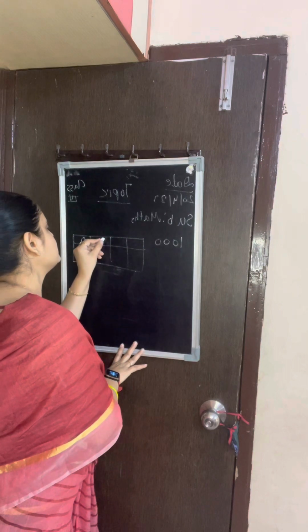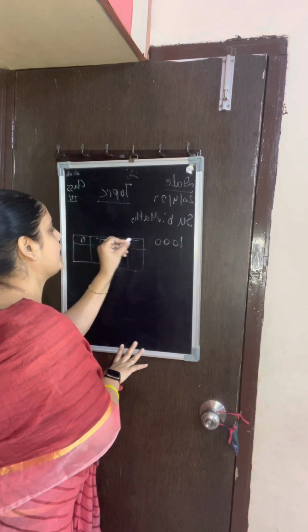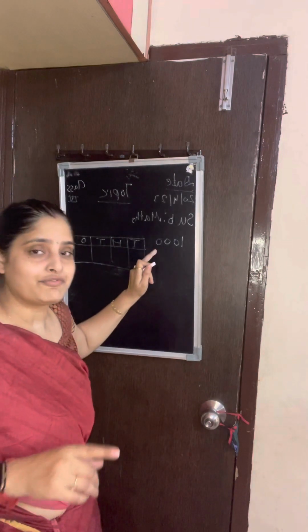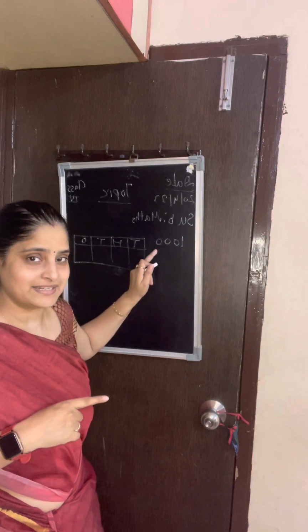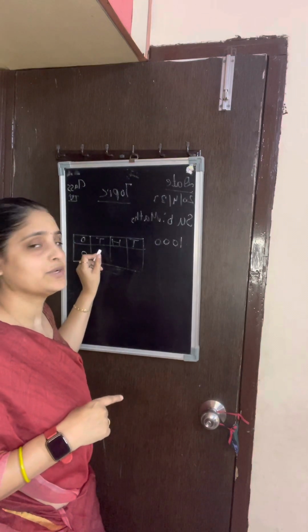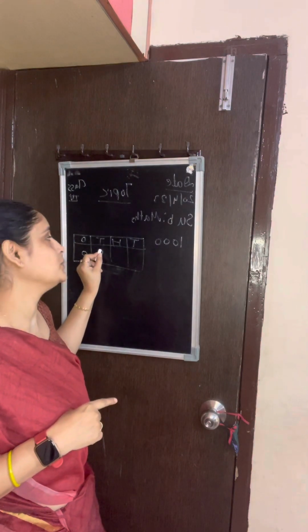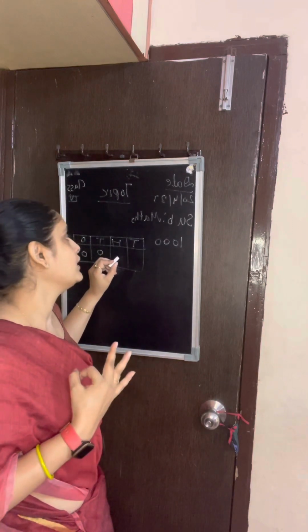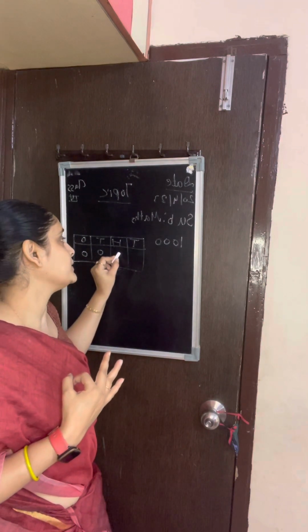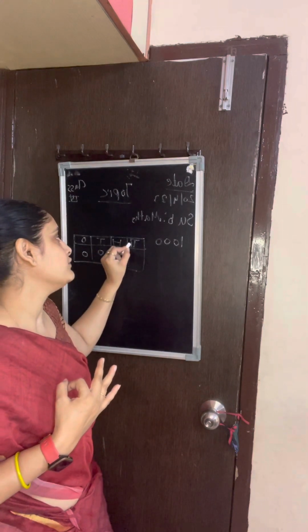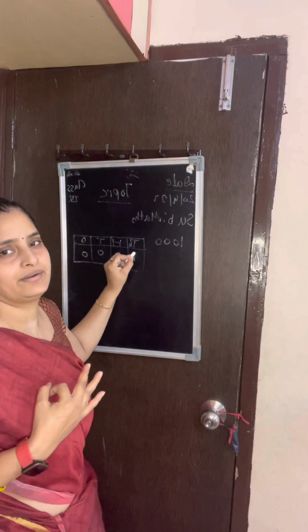So this is the ones, tens, 100 and 1000, right? The first 0 represents the ones value, the second 0 represents the tens value, the third 0 represents the 100, and the 1000 place represents the 1.